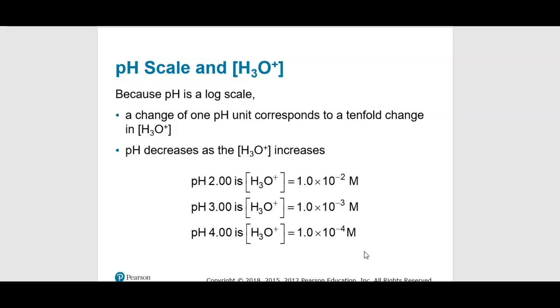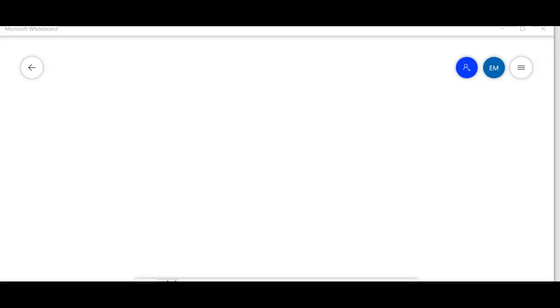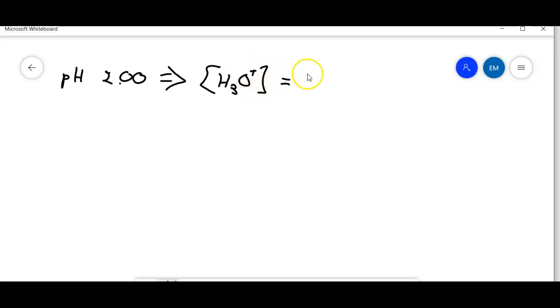And of course, if you go down, if you have a pH of 1, think about that. Let's go into some extremes here. In the previous slide, we had a pH of 2.0. It means you've got a hydronium ion concentration equal to 1.0 times 10 to the minus 2.